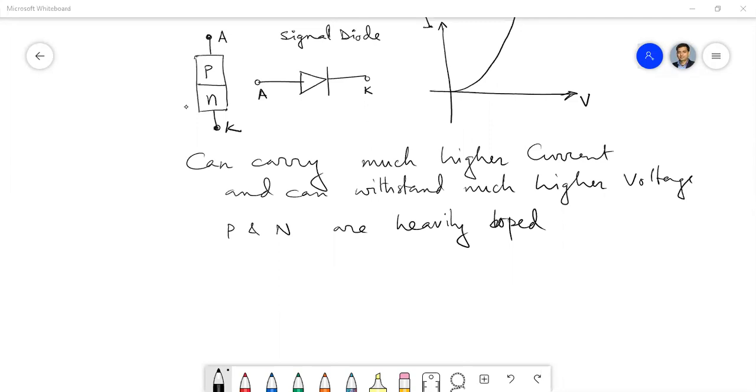Group 3, trivalent. Okay, so you will dope something which will increase your carriers, isn't it? What are the carriers for a P-type substrate? Holes. And for N-type, it is electrons.